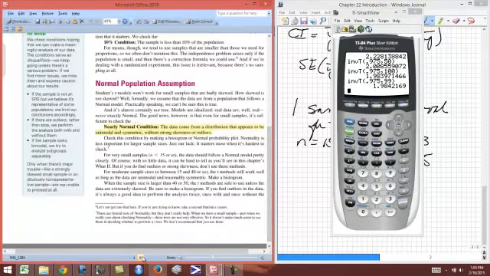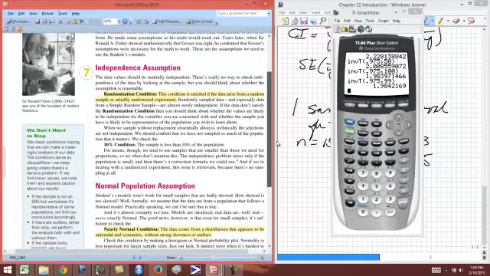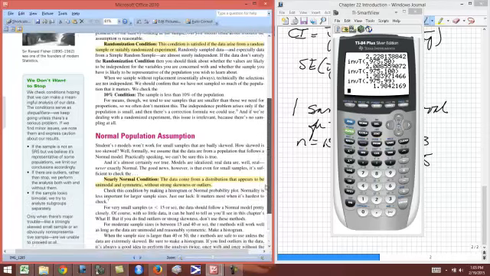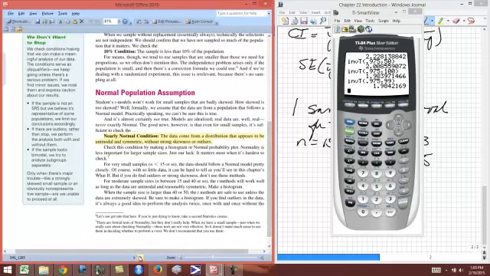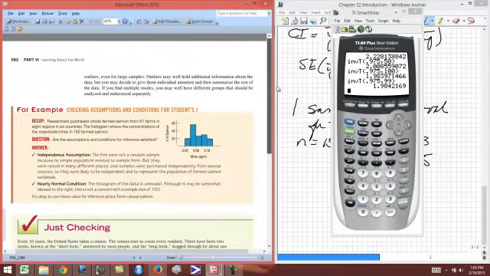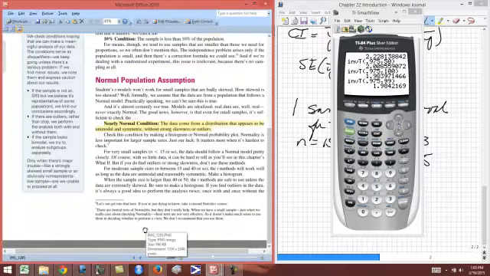Okay, next page, the preconditions. Now, we talked about this already. Independence, the same. Normal, the same. You need to read these over. 10%, the same. What's different? You must have a sample that is nearly normal.